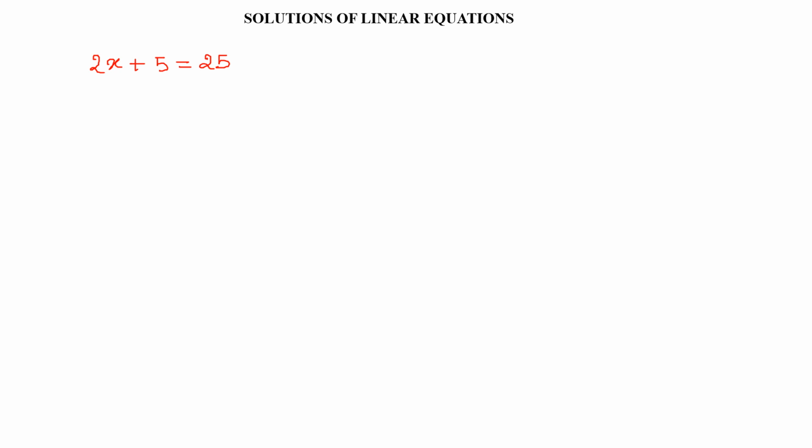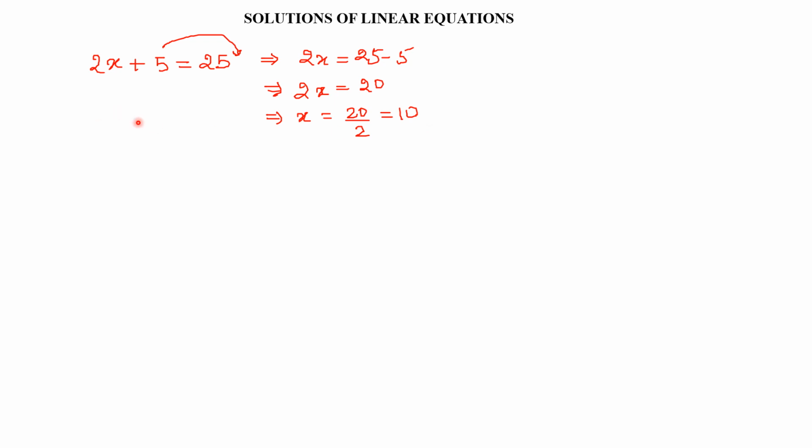Now if I'm going to solve this question, first of all I have to transpose 5 from LHS to RHS. So it will give me 2x equal to 25 minus 5, which will be further 2x equal to 20, and the value of x will be 20 divided by 2, which will give me 10. So when I solve a linear equation in one variable, I got the solution of x as 10.